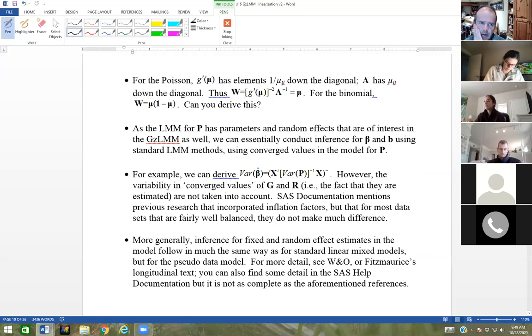If we're specifically talking about Poisson, the A matrix has the mean elements down the diagonal. G prime of mu is going to have 1 over mu, and it's just basic derivatives here. So we can get an expression of what G prime of mu is for a Poisson, and we can figure out what the correct weight is going to be so that we can get the right variances and the right model for this type of outcome.